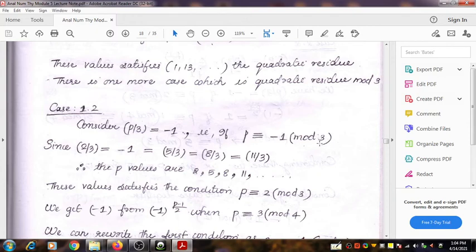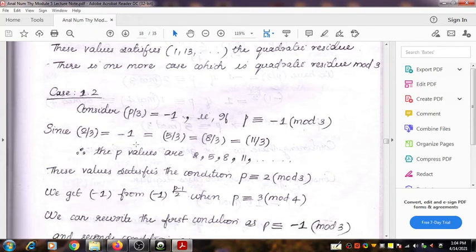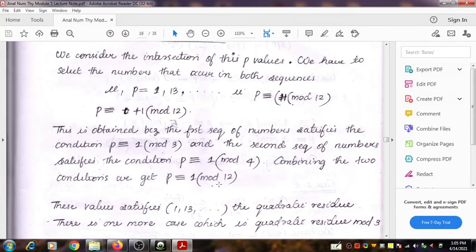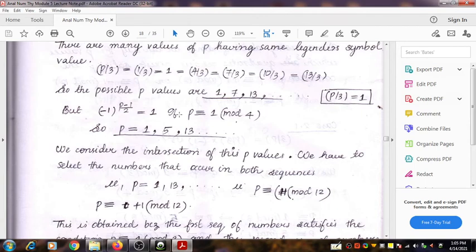So we choose that condition. You can see that P congruent to minus 1 mod 3 can happen only when the possible values of P are 2, 5, 8, 11, etc. These are the values. In a similar way, you can write the numbers here also.